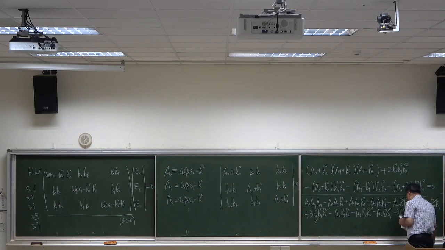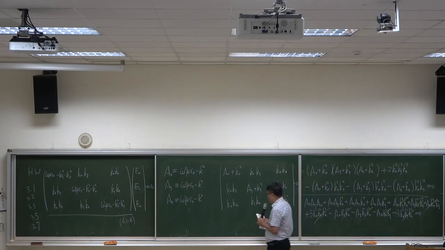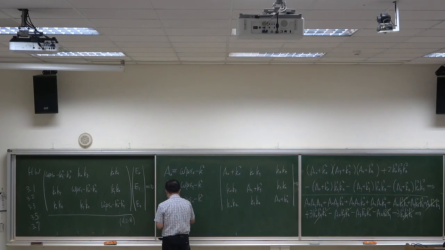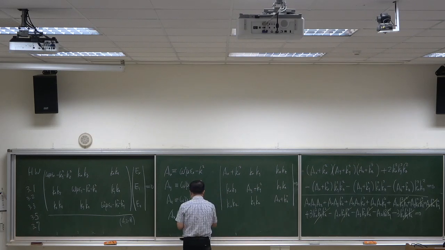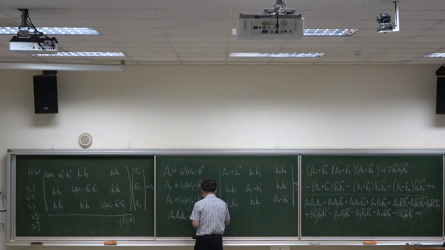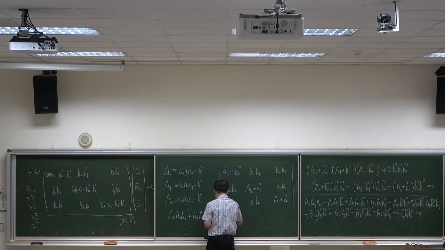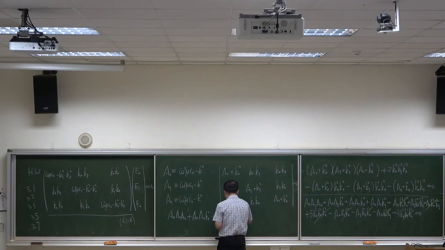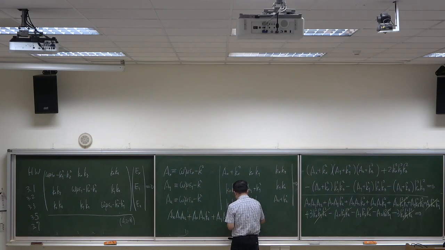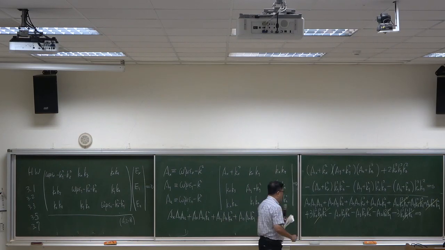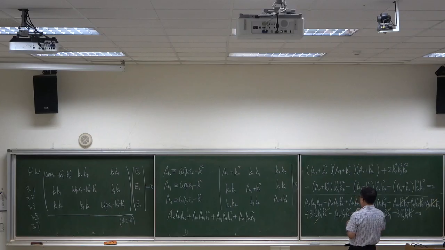So finally we have this result: Ax Ay Az plus Ax Ay kz squared plus Ay Az kx squared plus Az Ax ky squared. Just like that.